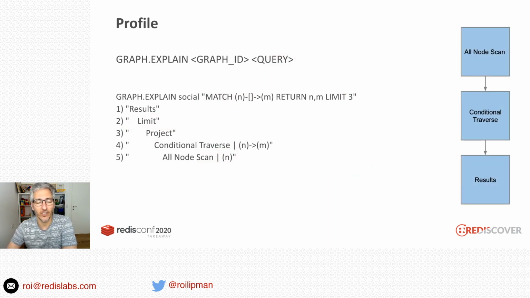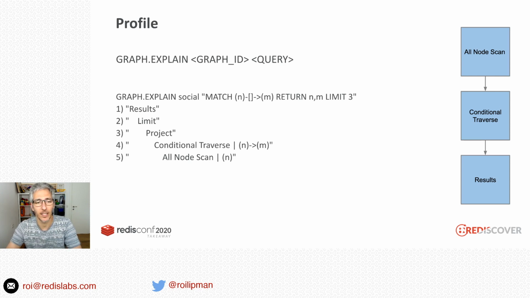Now, just before showing you what a profiled query looks like, it's important to understand that whenever RedisGraph is presented with a query, RedisGraph would create an execution plan. And basically an execution plan is a set of steps that RedisGraph will follow, and at the end it would have the result for the query.